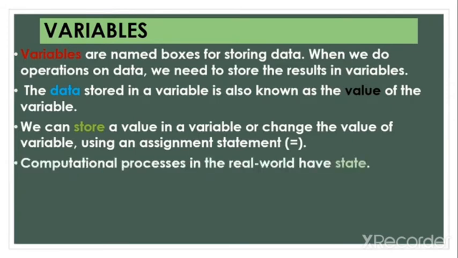Computational process in the real world have a state. So while you processing a some variable, we have a state. What is a state? A process evolves, the state changes. So when the process is started, automatically the state also will be changed. So even when you store a data in a variable, when you start to process your data, automatically the value of the variable also will be changed.